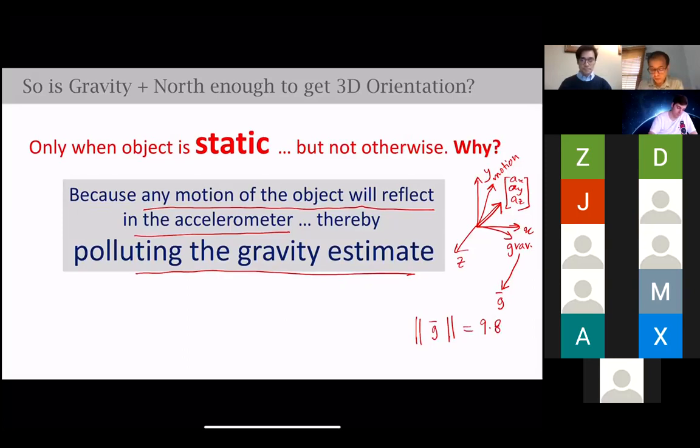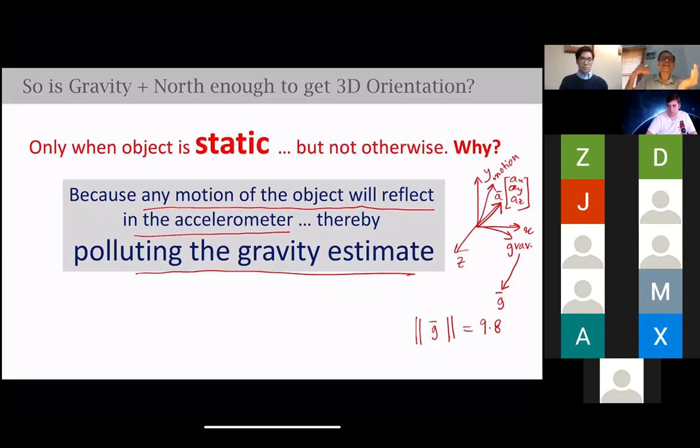Okay. So the point is that, look, this ax, ay, az, let's call that the vector A. That vector A is your measurement. You want to know which two vectors, one being gravity and the other being the object's motion, made up this vector A. There's no way of knowing it.